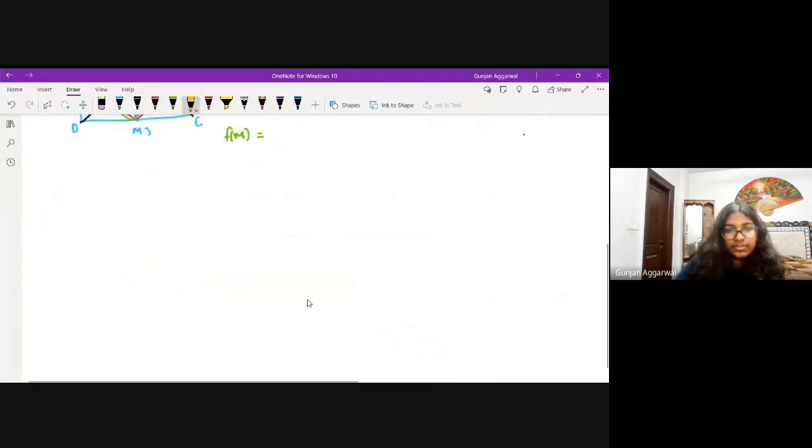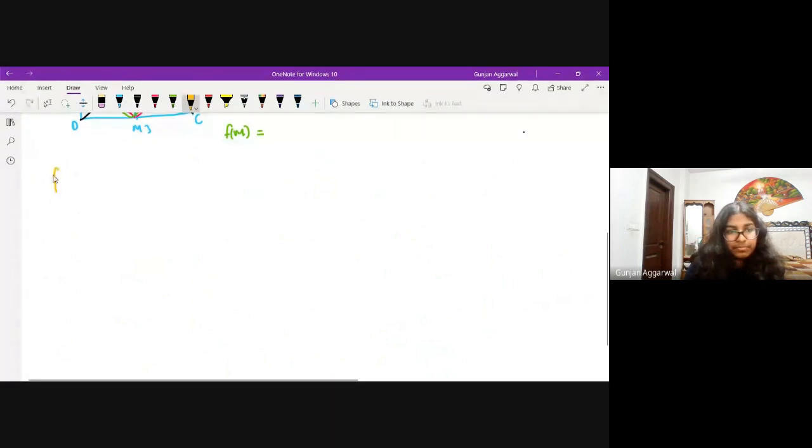Okay, how about this? There can be many types of functions. Let's just go over a few types.